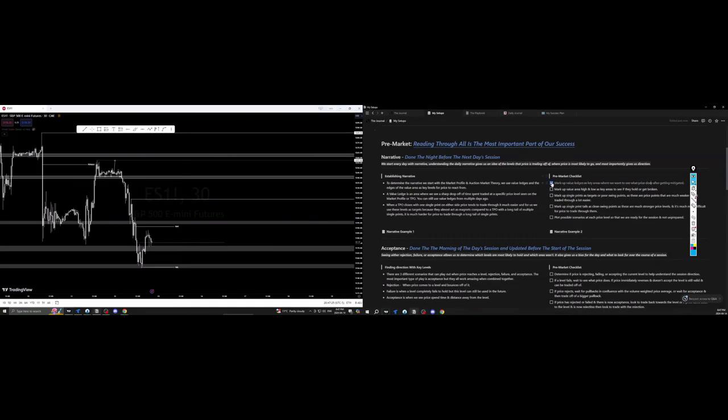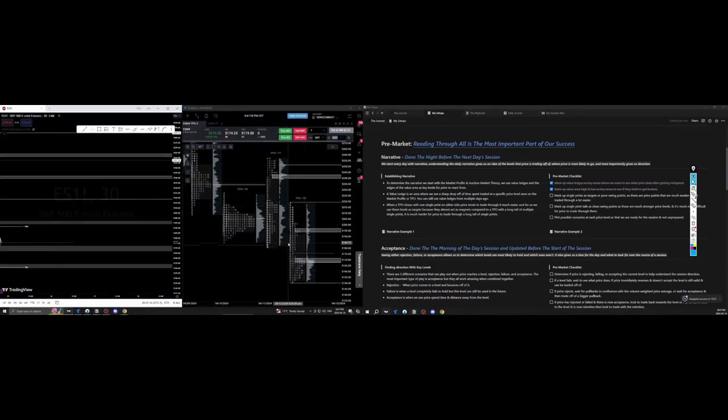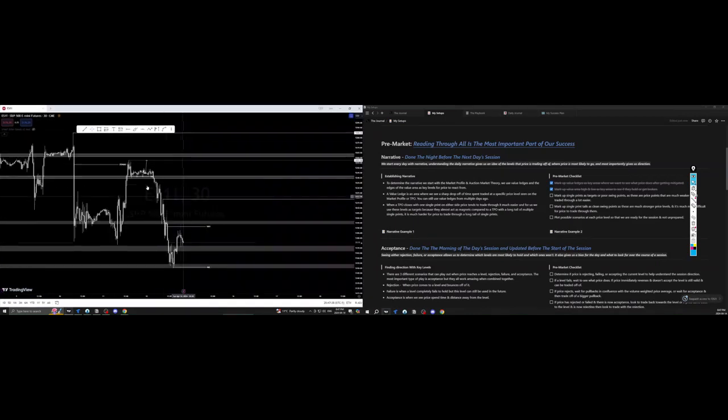So we have value ledges, value area high and low. Actually, something I did forget was previous day's value area low at 80 even.